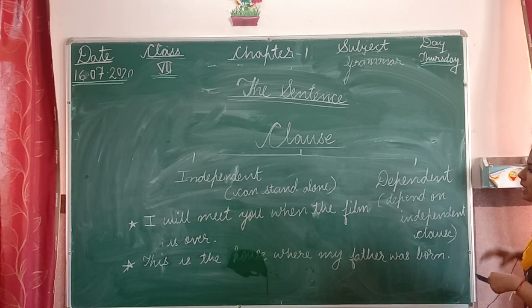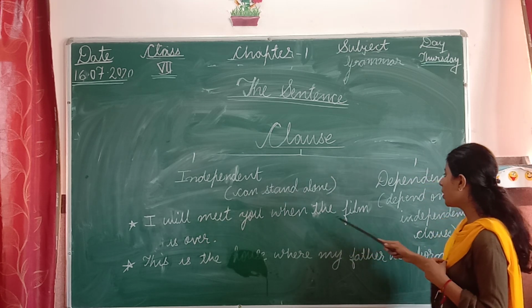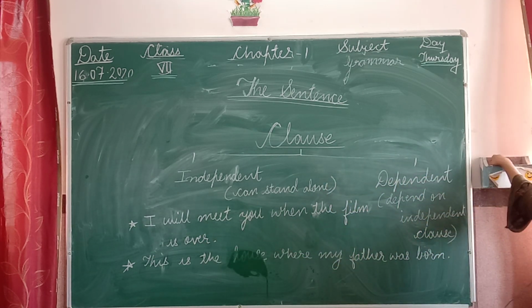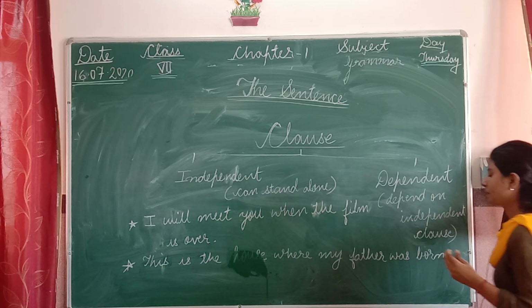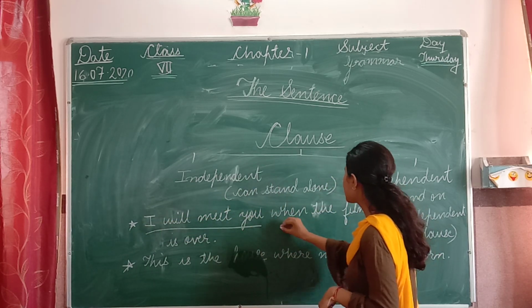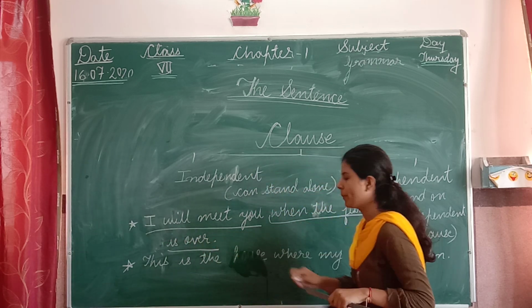Students, the first example is, "I will meet you when the film is over." First of all, you have to divide the sentence into two parts. "I will meet you" is the first clause, and the second clause is "when the film is over."